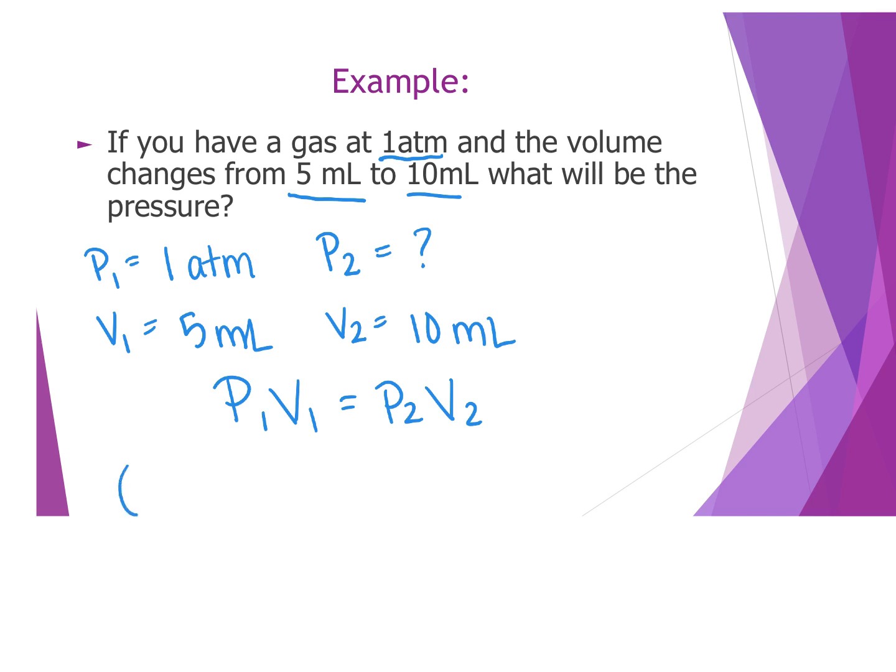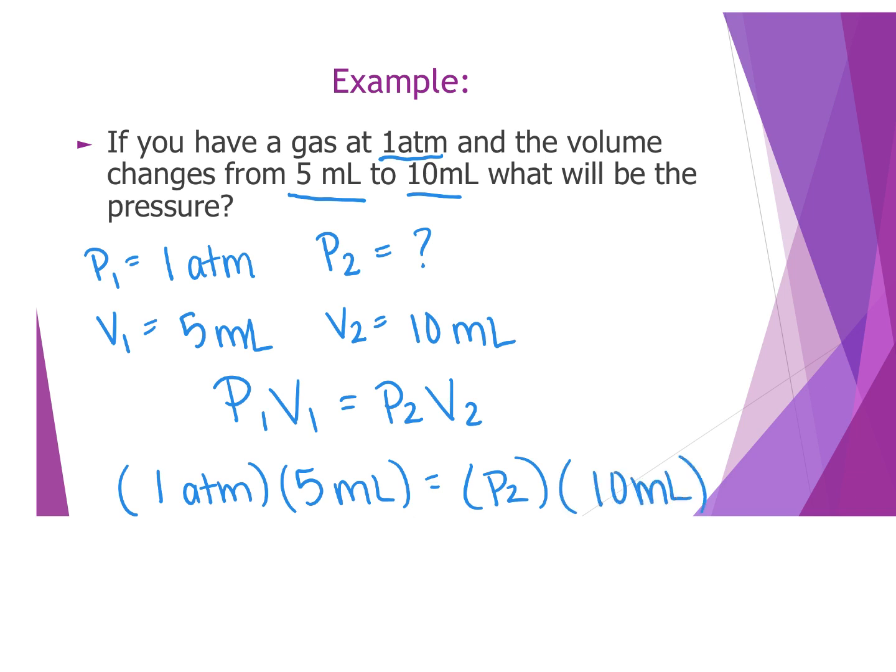From here, we just plug in. So 1 atmosphere times 5 milliliters is equal to P2 times 10 milliliters. What's 1 times 5? 5. So 5 is equal to P2 times 10.